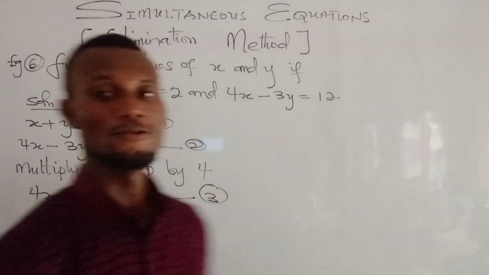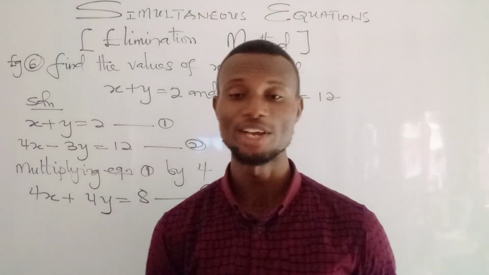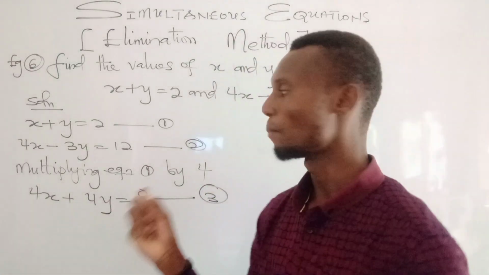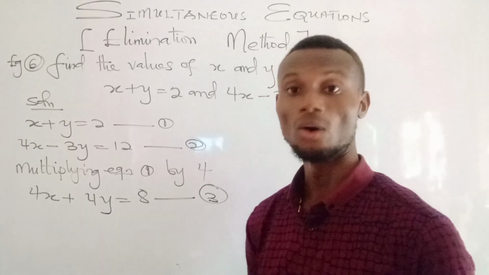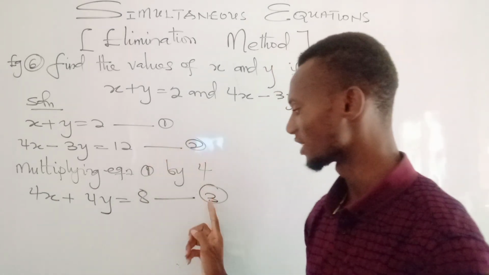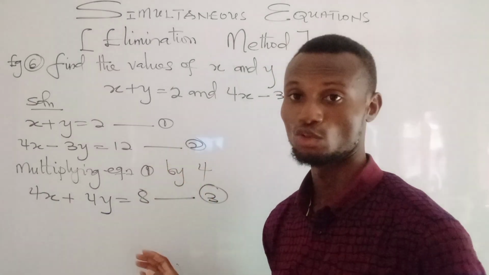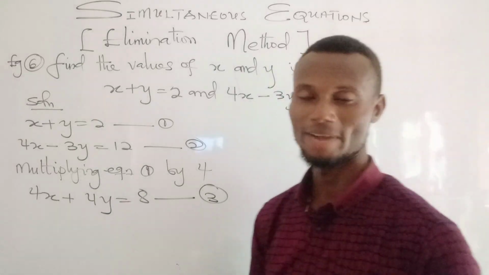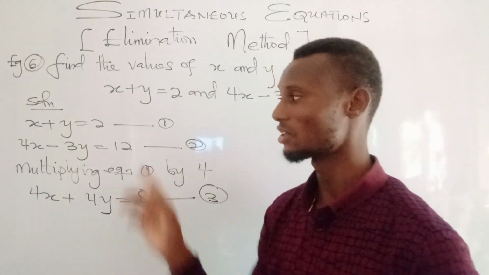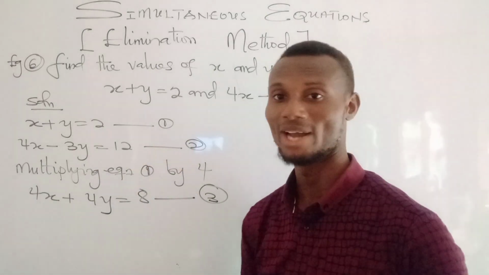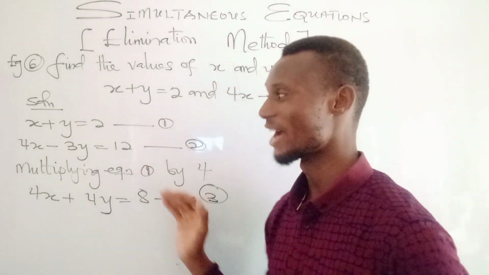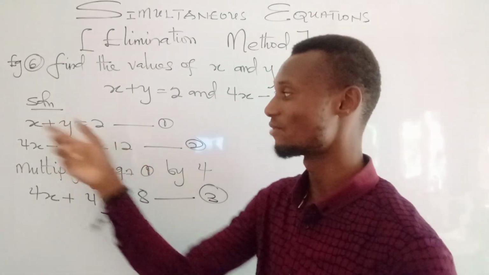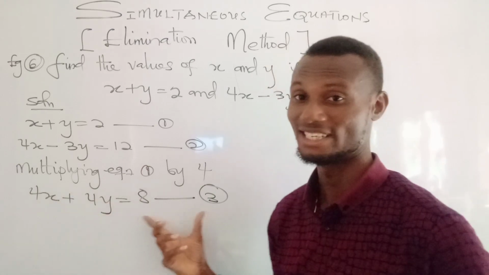So now for me to eliminate the s, I'm going to do equation 3 minus equation 2. Maybe someone might be confused and asking, why not equation 3 minus equation 1? No, you cannot do equation 3 minus equation 1, because it's out of equation 1 that you are getting this equation 3.